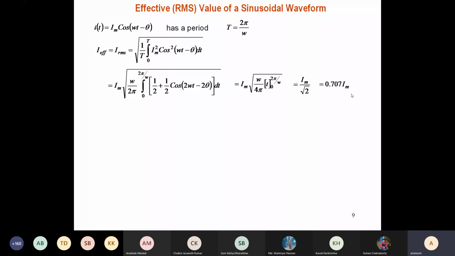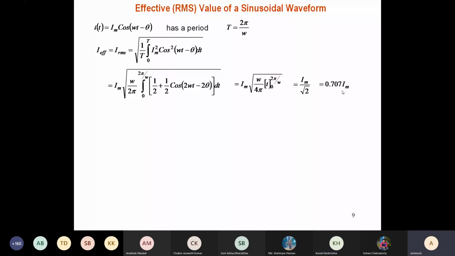So this is the effective value. If it is a sinusoidal wave, if you have a sine, you can also check that you will get the same thing. If you have a sinusoidal, the effective value is basically 1 by root 2 times the maximum value, or 0.707 times the maximum value.